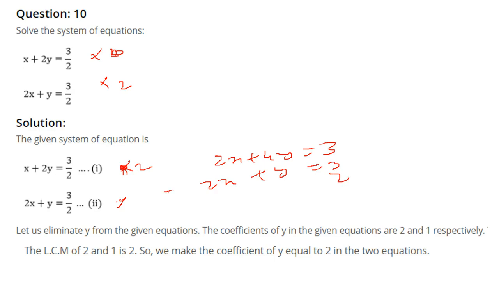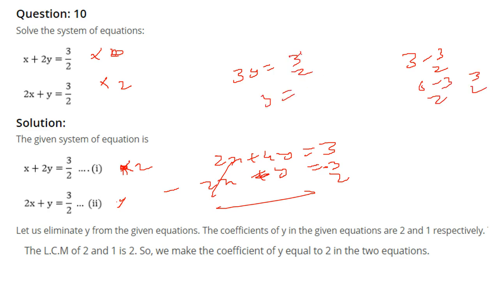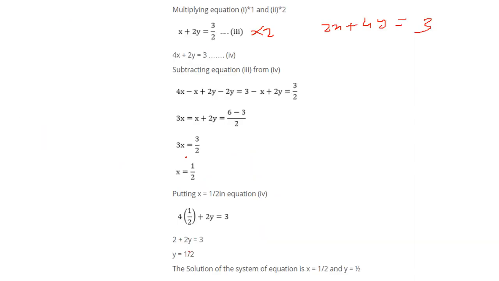Now just subtract them. This gets cancelled, 4y minus y is 3y. 3 minus 3 by 2 is, 6 minus 3 by 2, so 3 by 2. You get 3y equal to 3 by 2. So y will be equal to 1 by 2, as the 3 cancels. Put it in any of the equations, you get x equal to half also. There is another method that you are watching here. You can do it anyway.